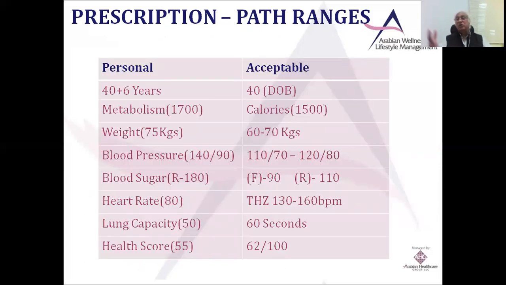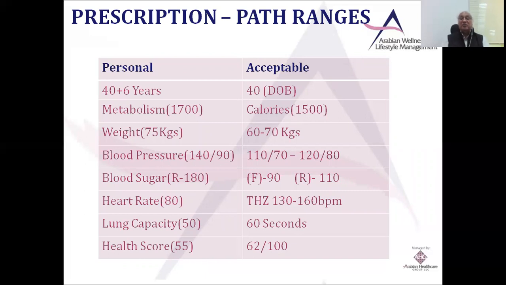And then we put all of this in the form of numbers in what we call the positive health ranges. So we say that your age is 40 plus 6, which is 46, your true age. Your acceptable age is your chronological age, which is your date of birth.